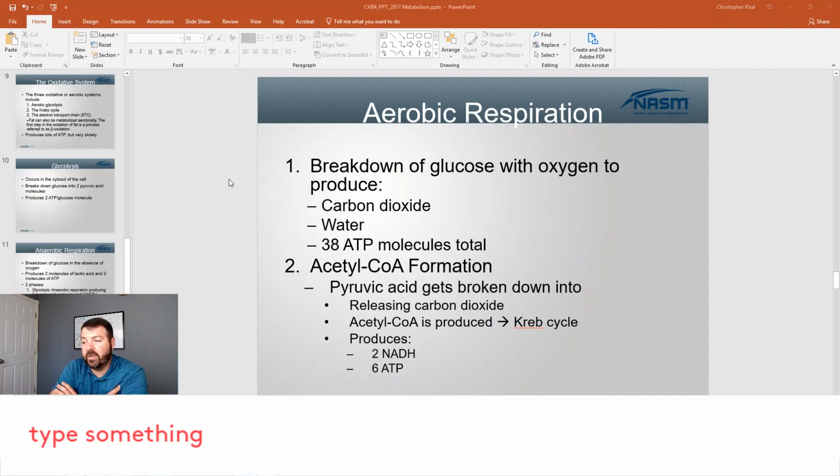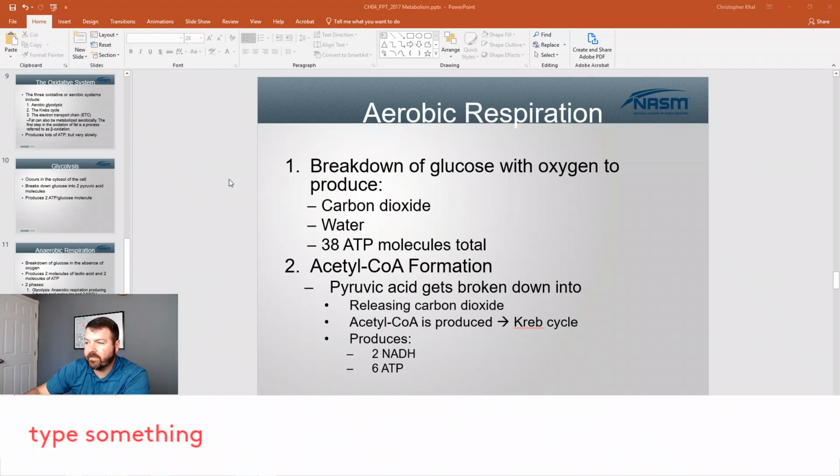The acetyl-CoA, which you can think of as a subparticle of the fats and triglycerides, is produced as well, and that goes more into the Krebs cycle, which we'll talk about in a minute. During the acetyl-CoA formation, it produces 2 NADH and 6 ATP.